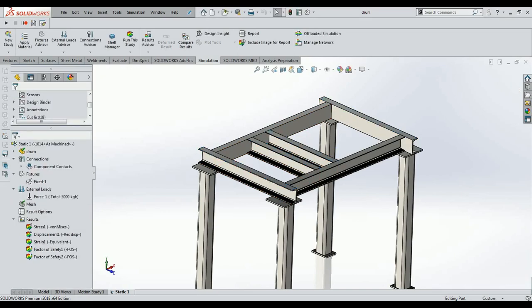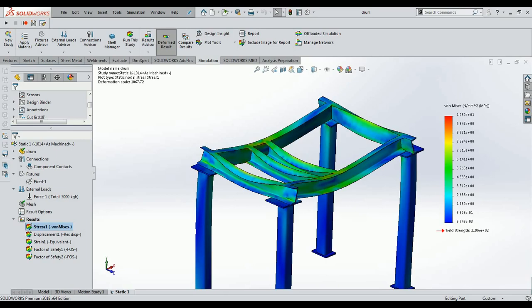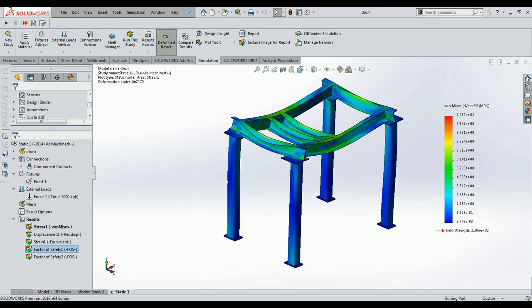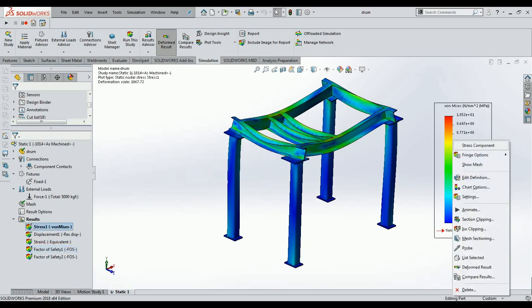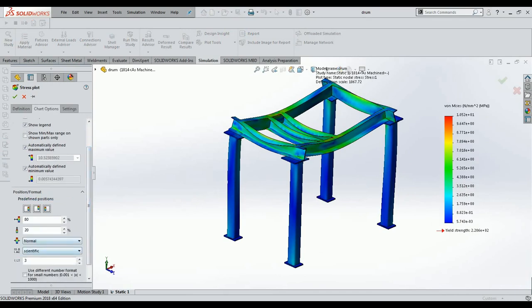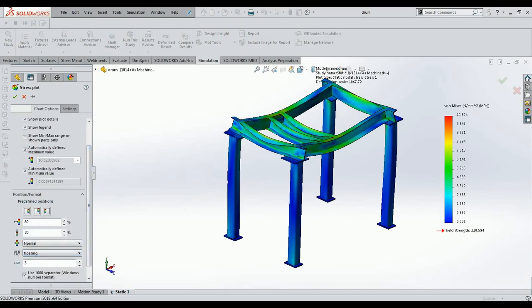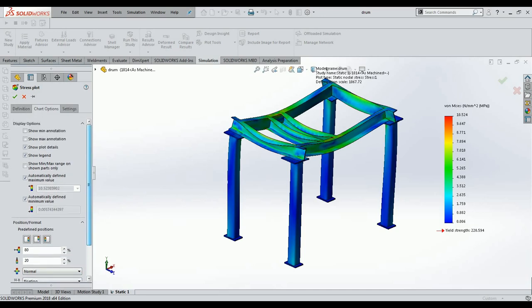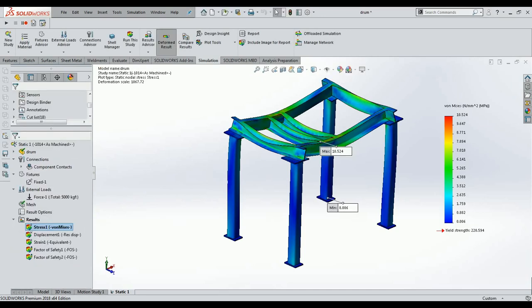Here the stress plot, with the chart options on the right side, shows that the blue color indicates a safe load, where the allowable material thickness is good, and increasing from blue to red indicates the critical values. The maximum stress induced in this model under the 5,000 kilogram force is 10.524 megapascals.